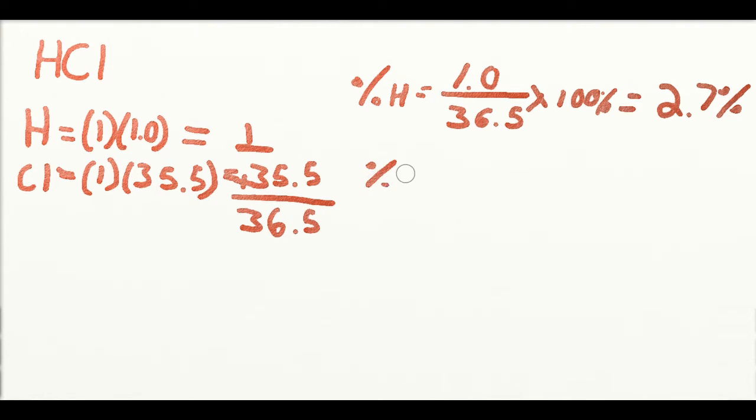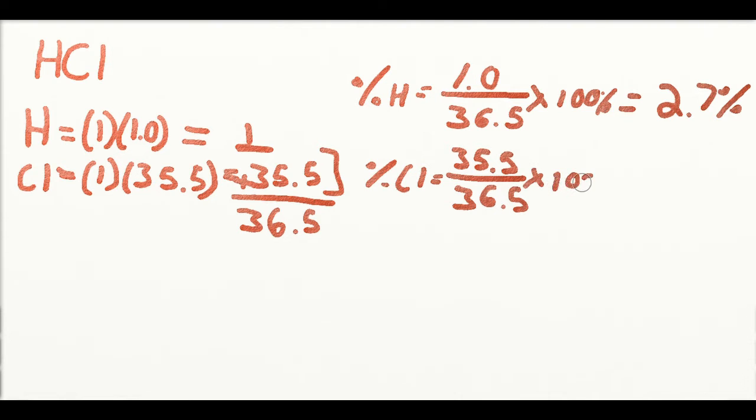Now let us see chlorine. So mass percent of chlorine, instead of having 1 on top, you're going to have this number, 35.5, because that is the mass of one individual chlorine atom, or rather the chlorine atoms within that compound. And in the bottom we will have the molar mass, being that of 36.5. You also need to multiply by 100%, so our answer could be in percentage format.